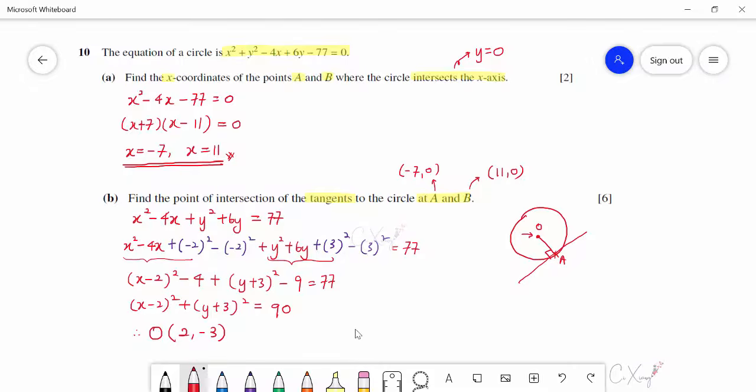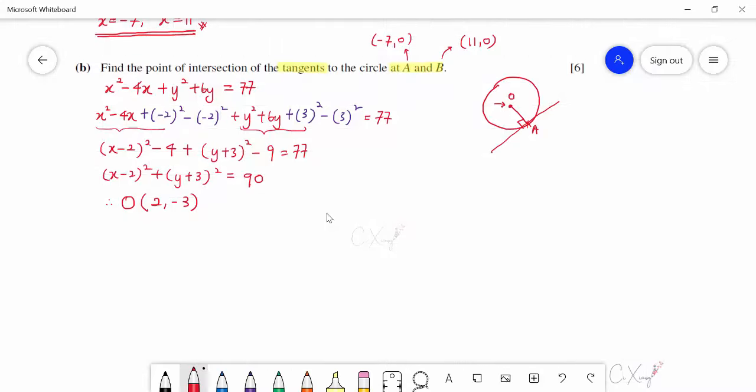Once I have the center, I start to find the gradient of the tangent. To find it, I need the gradient of OA. First I find the gradient of OA using y minus y1 divided by x minus x1.